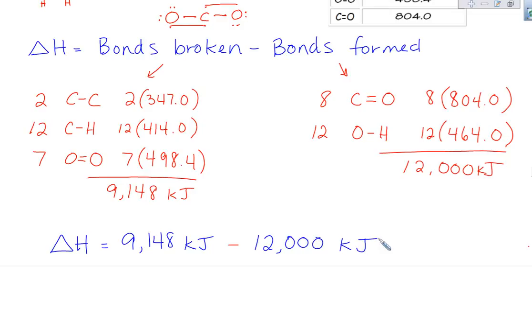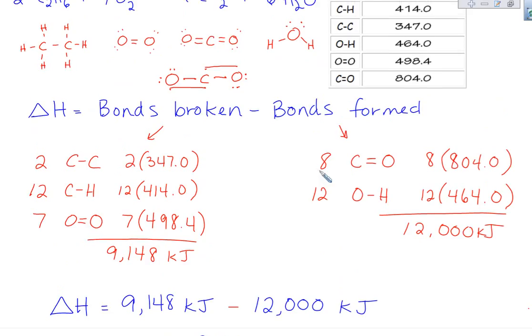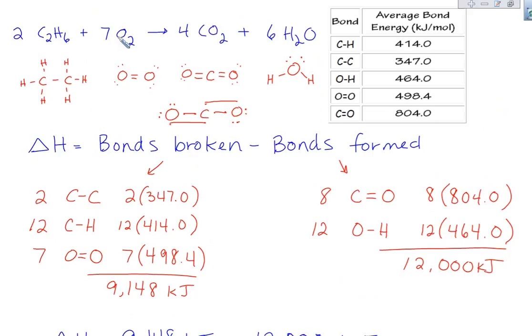I'm releasing more energy when I form the new bonds than it takes me to break the bonds on the reactant side. So this should still come out to be exothermic: approximately negative 2,852 kilojoules. Now again, that's for this reaction as written with the 2, 7, 4, 6 ratio.